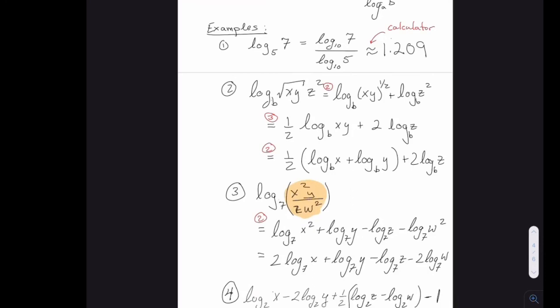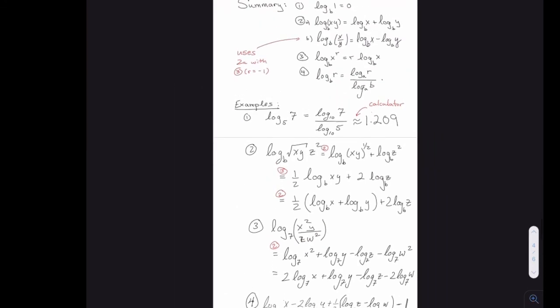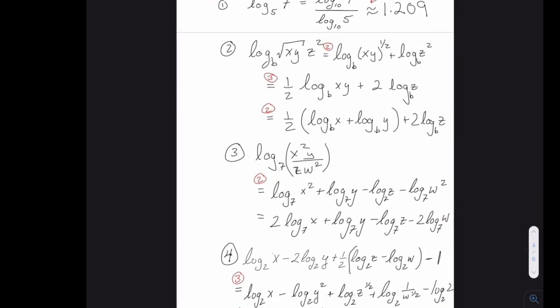Let's break it up using property 2, a and b. Property 2a tells us if it's a product, it comes with a plus sign. If it's a division, it comes with a minus sign. Ultimately, that means if it's in the numerator, you have a plus sign in front.